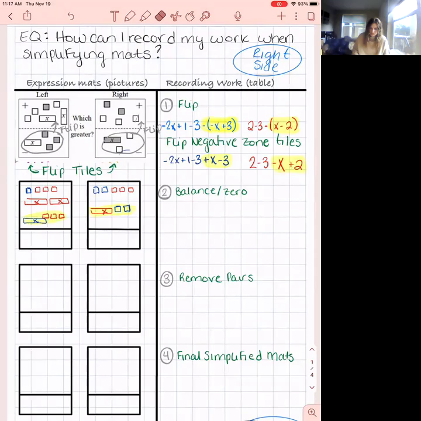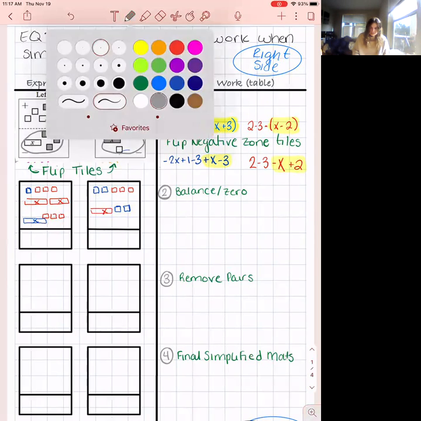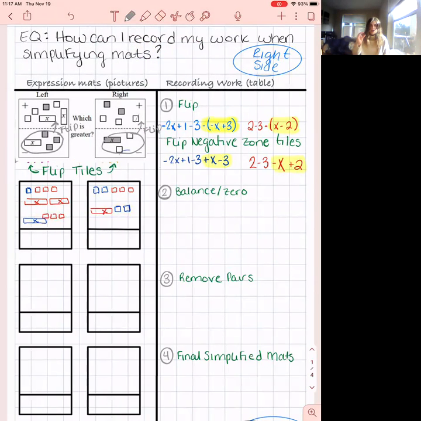Okay, so now we are going to move on to the step you guys are most familiar with on our picture side. So looking over here at our left mat, we need to find some zeros. So I'll pause here and you guys can help me, or we'll find our zeros together. So looking for zeros, since everything is in the same zone, I know that all I need is different colors.